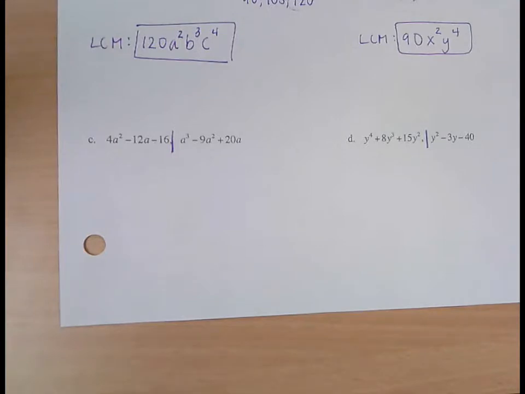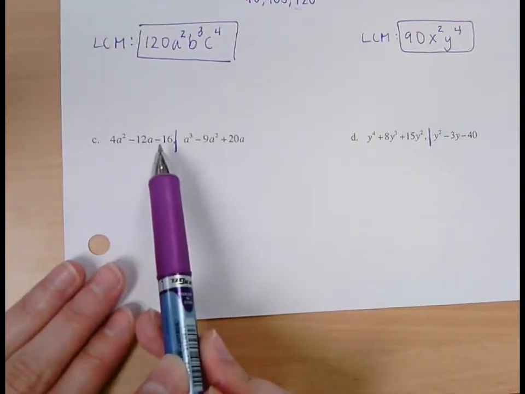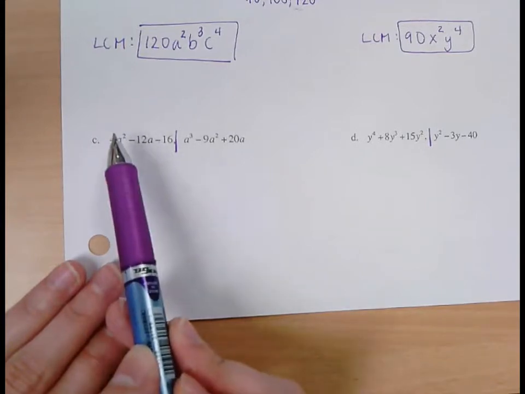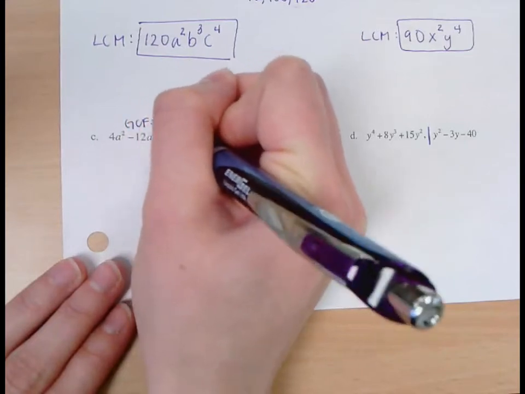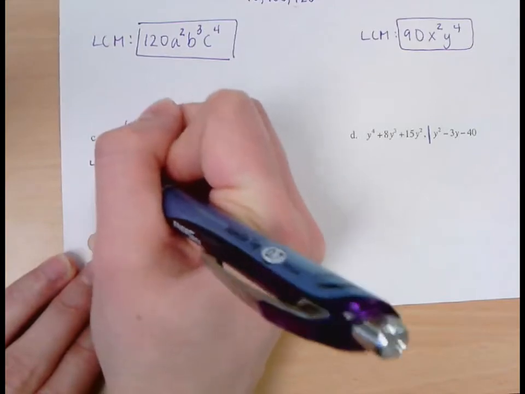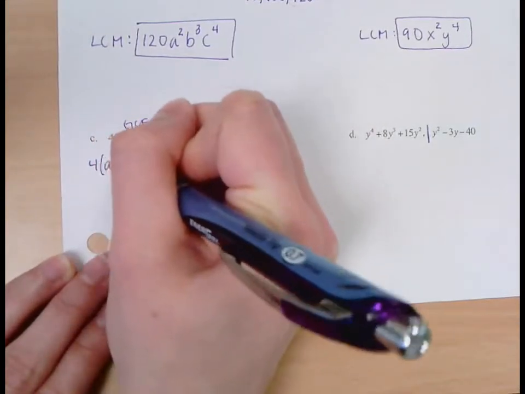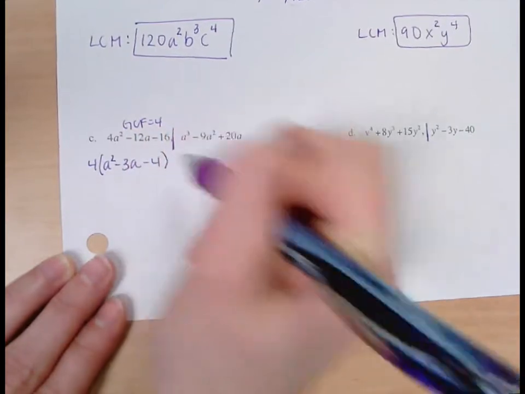So factor them first. So if we look at the 4a squared minus 12a minus 16, if I wanted to factor this, first of all, I see that there's a greatest common factor of 4 that I can factor out. So I would have 4 times the quantity a squared minus 3a minus 4.